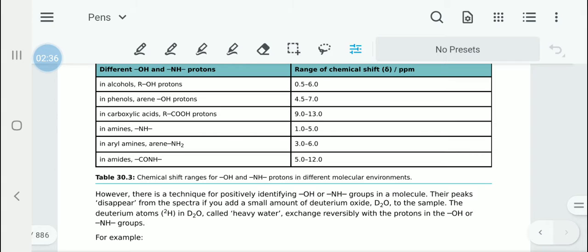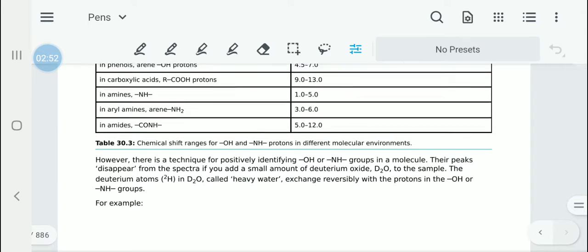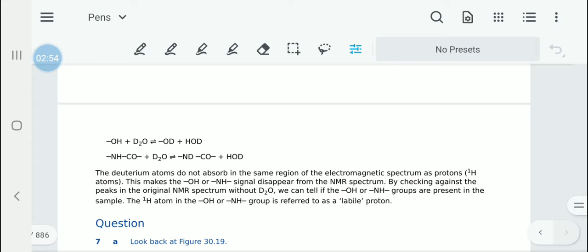We can add deuterium oxide, D2O. If you add a small amount of D2O, the peaks will disappear if OH and NH groups are there. OH plus D2O will give you OD and HOD. NHCO plus D2O gives NDCO and HOD. The deuterium atoms do not absorb the same region of the electromagnetic spectrum.